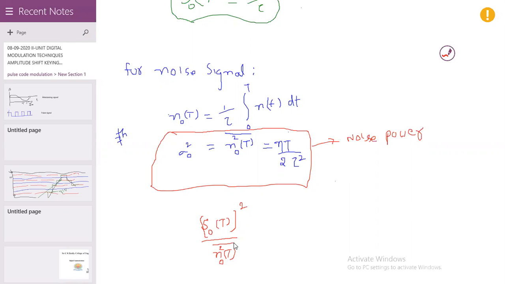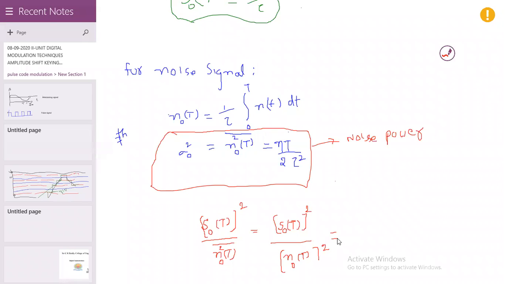Otherwise we can represent this also as S naught of t whole square divided by n naught of t square, the same notation in a different representation for the sake of convenience.